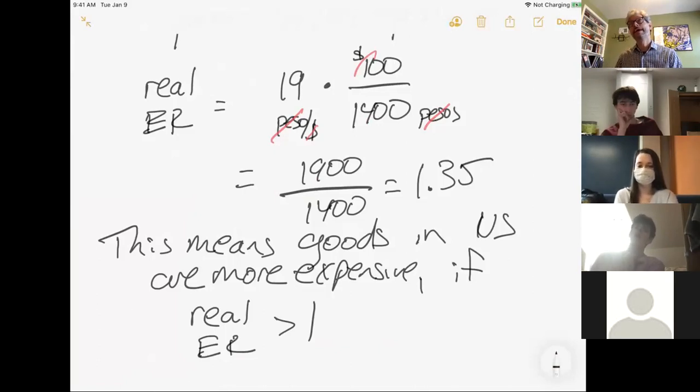You convert that into US dollars, which is 70 US dollars. And then you think, could I buy this same sweater for 70 bucks in the US? If it would be more expensive than that in the US, then I'll buy it in Canada. And if it's cheaper than that in Canada, then I'll buy it there, right?